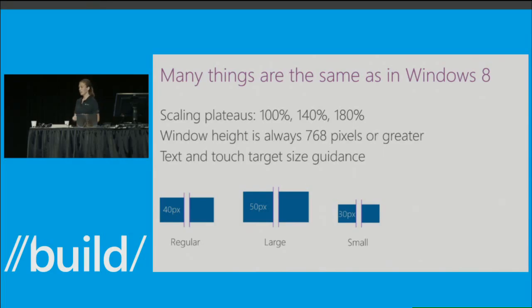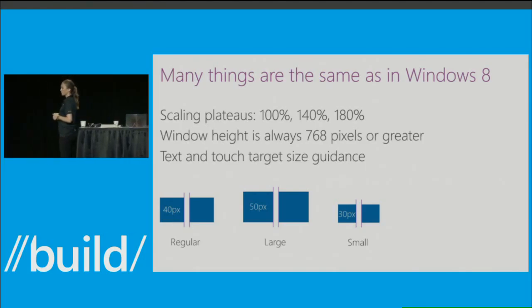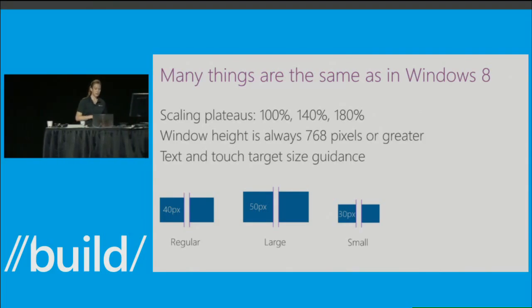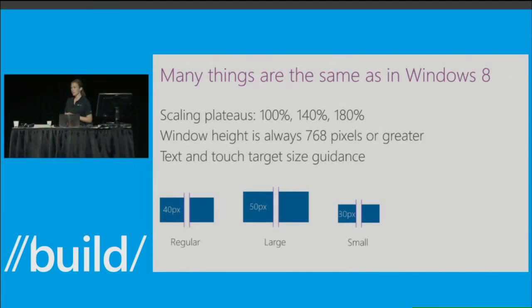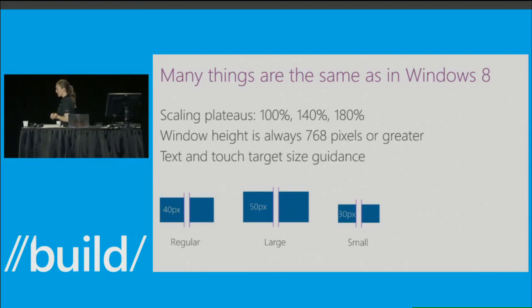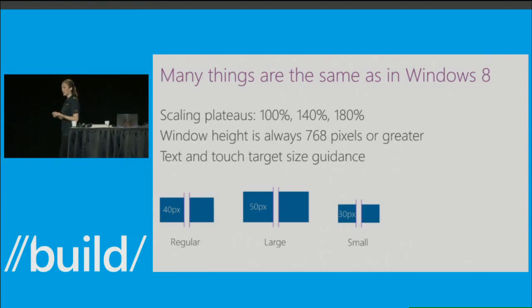Now, another thing I want to note about the minimum resolution that we require for all screens is you might be wondering why 500? Why is 500 pixels the magical number that we chose for default minimum size? Now, one reason is any screen running Windows has to be 1024 by 768.